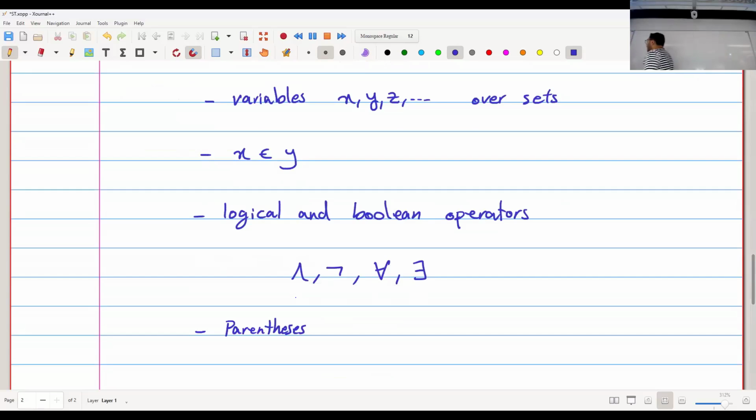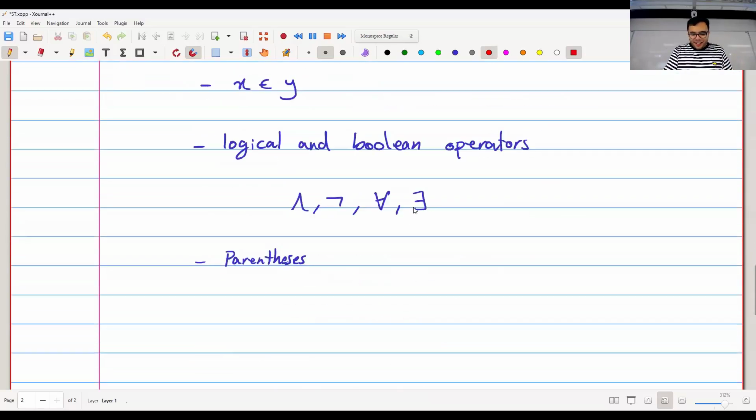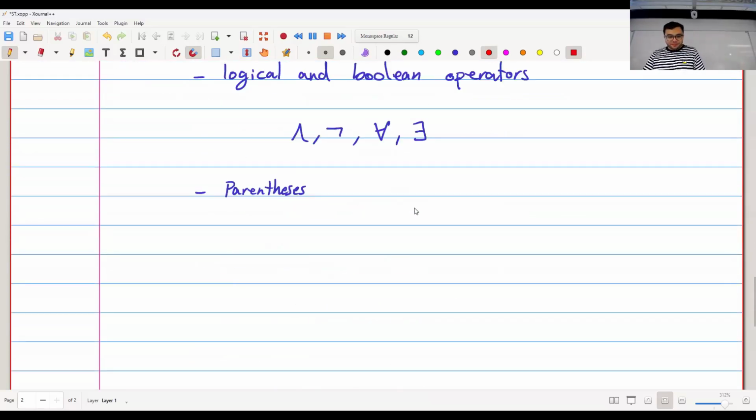Now, I can spend 2 lectures telling you exactly how this language works, but you kind of know already, right? So you know how these things are going to work. I'm not going to actually teach you logic again. But basically, the idea is that I can have formulas like this. So I can say, for every X, there exists a Y such that Y is a member of X. I can write formulas like this.